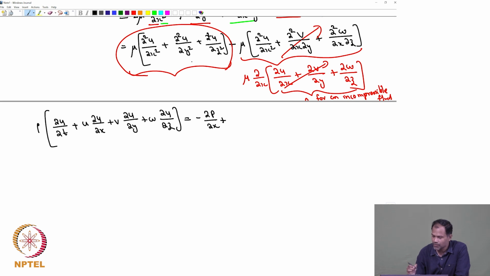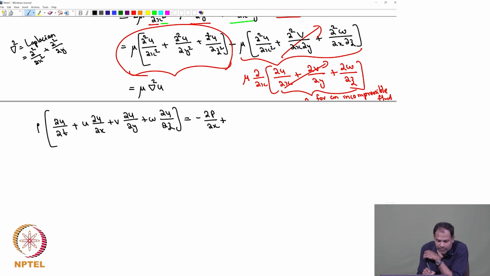Okay. Now, this quantity can also be written some further. This is nothing but μ times ∇²u, where ∇² is the Laplacian operator, right. Laplacian. Del square is Laplacian. It simply says it is ∂²/∂x² + ∂²/∂y² + ∂²/∂z².